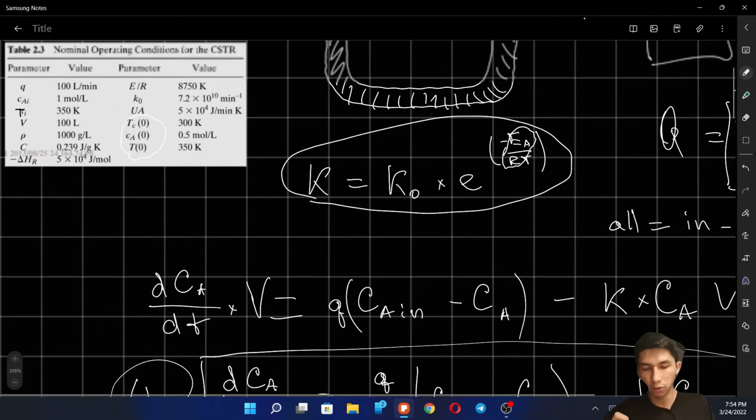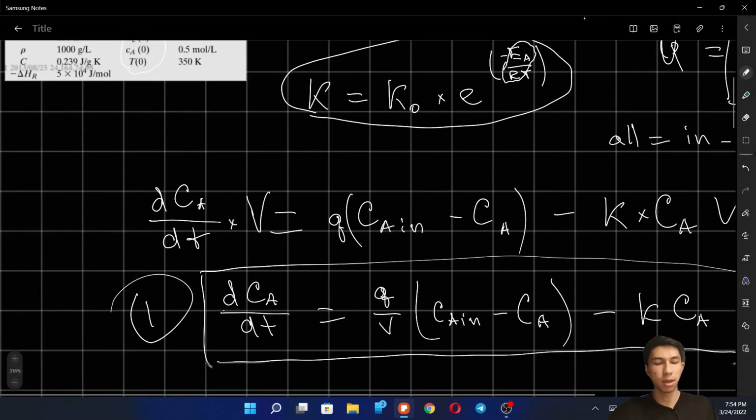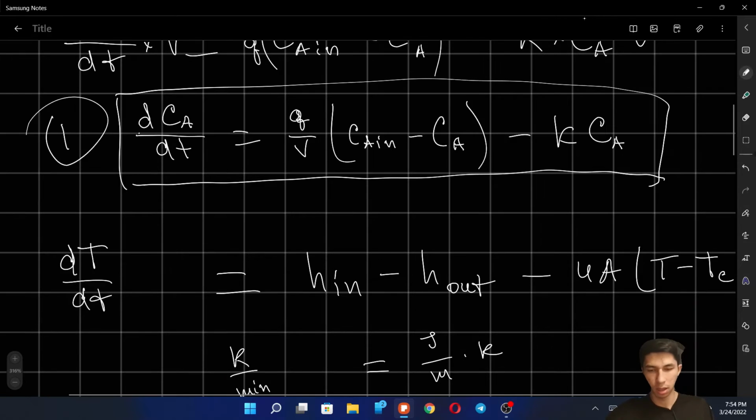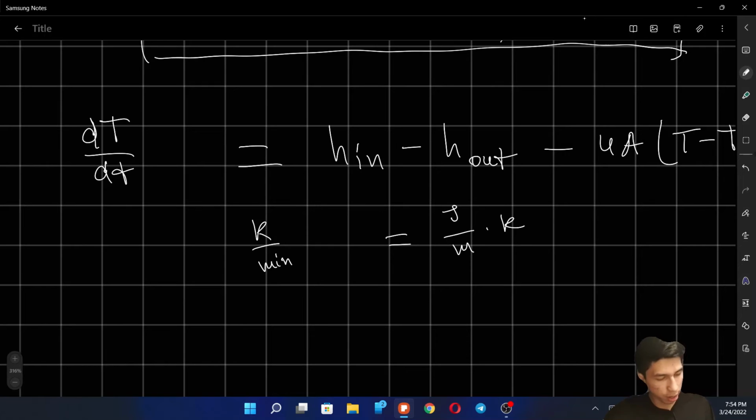So the unit for UA is joules per minute times Kelvin, right? Sorry, it was the Kelvin in the denominator. And it is multiplied by kelvins, which is the temperature. So they're going to cancel out, so we'll be left with the joules over minutes.